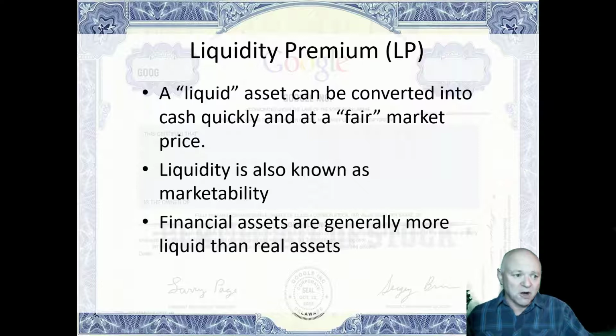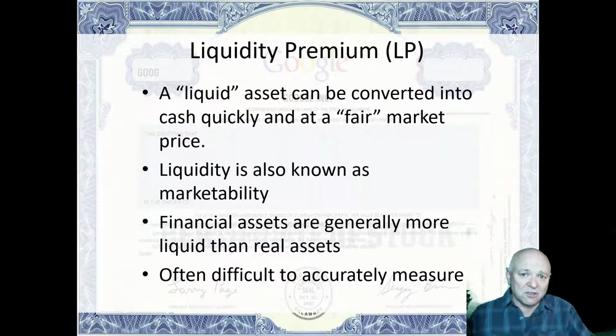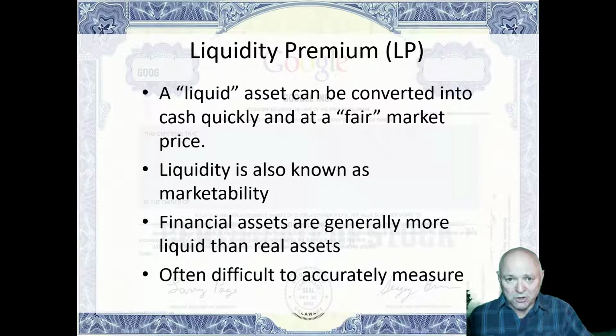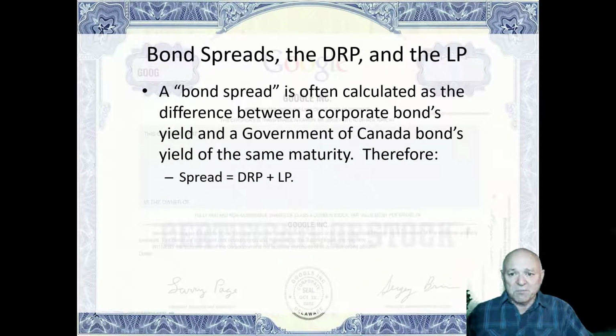So liquidity or marketability reminds us that some financial assets are much more liquid than real assets, but not always. It's often difficult to accurately measure the liquidity of certain assets because we don't have a day-to-day quotation on a selling price. Credit spreads, or bond spreads, and the liquidity premium are essentially the difference between the corporate yield and the Government of Canada yield for the same maturity.